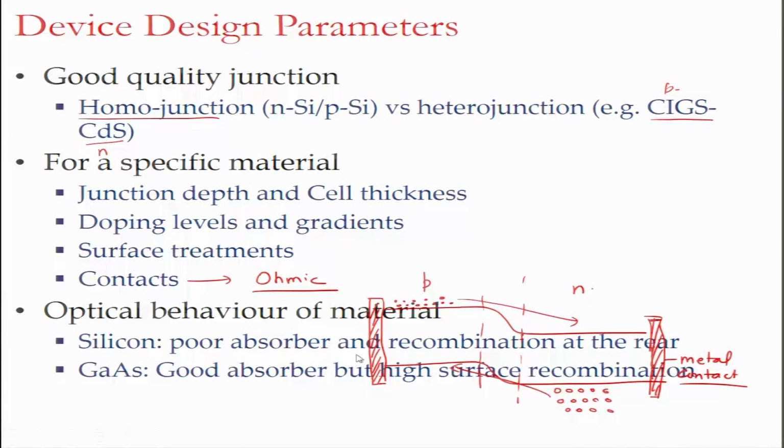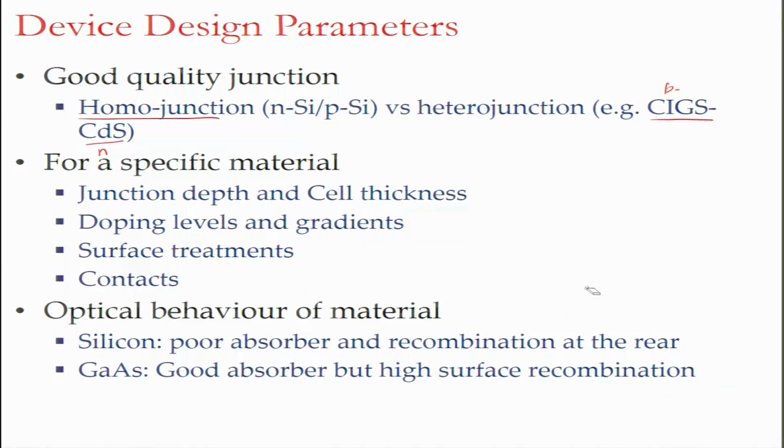And then of course, we have the optical behavior of the material. You do not have much control over it, but suppose you are using silicon. Silicon has a poor absorbing capacity because it is an indirect band gap material, and it also tends to have recombination issues.